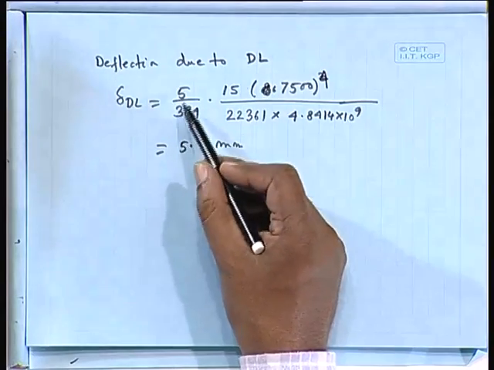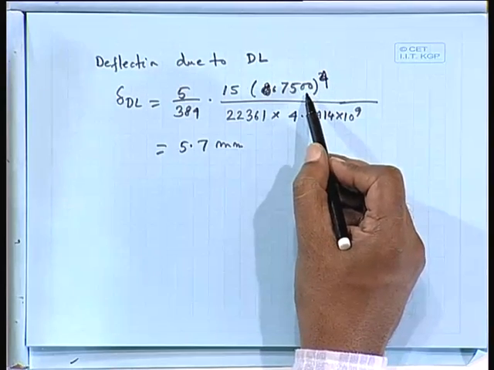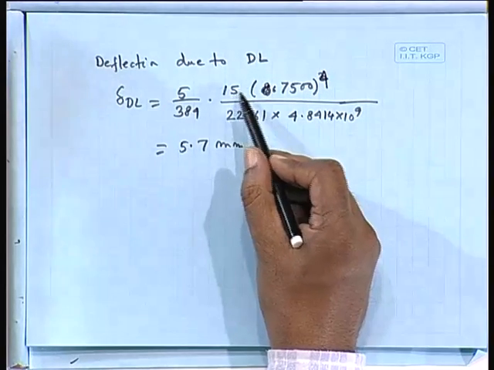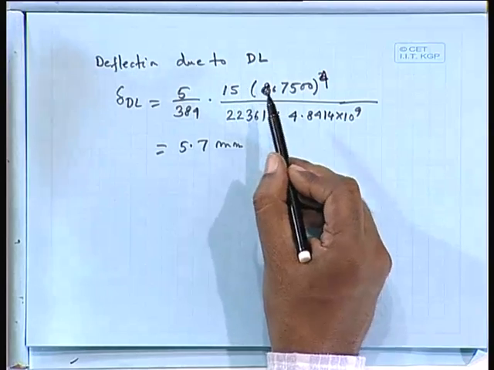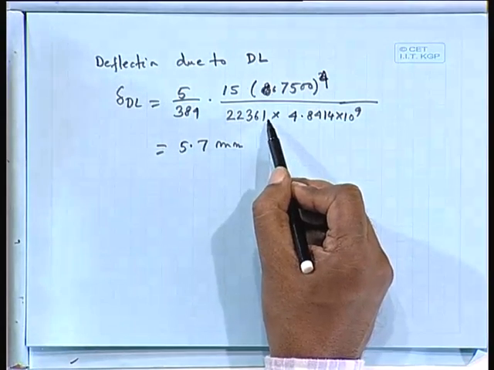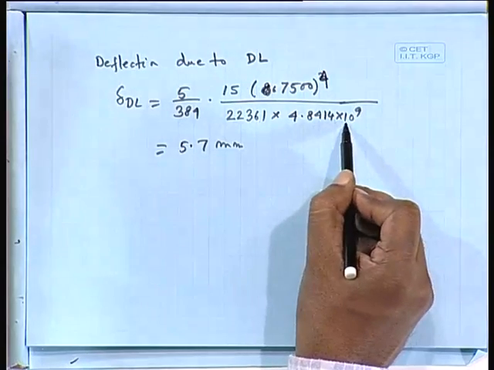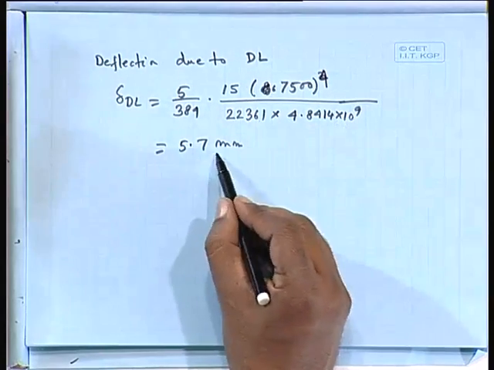This is your 5 by 384 W L to the power 4 by E I, L is 7500, 7.5 meter, 15 kilonewton per meter is nothing but 15 Newton per millimeter, E is 22361, which you are getting from 5000 root FCK, and this is your I effective. So, we can get 5.7 millimeter.